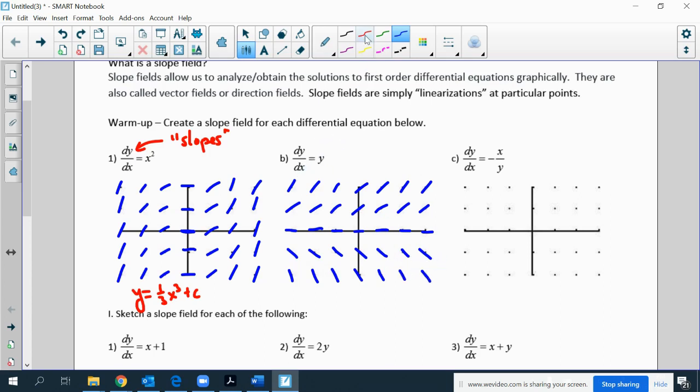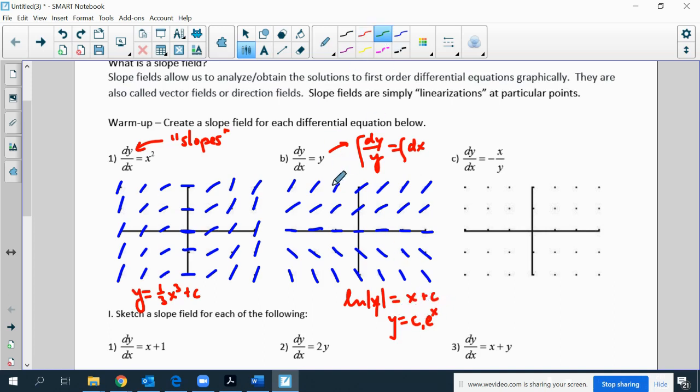Now, if I did a separation of variables here, dy over y equals dx, and then I integrated, I'd end up with the natural log of the absolute value of y is equal to x plus c. So what I would end up with is c, or some different constant, times e to the x.